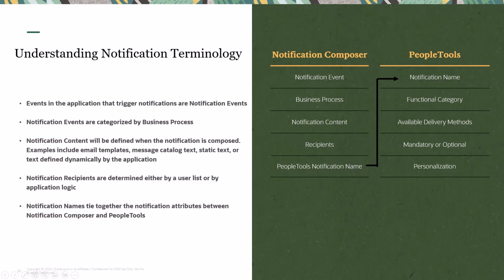So events in the application that trigger notifications are notification events. Notification events are categorized by business process. Notification content will be defined when the notification is composed in the application. A lot of times we execute PeopleCode and pull things from the transaction.